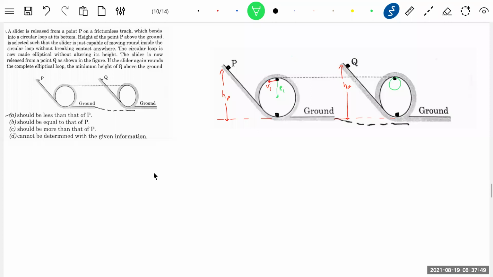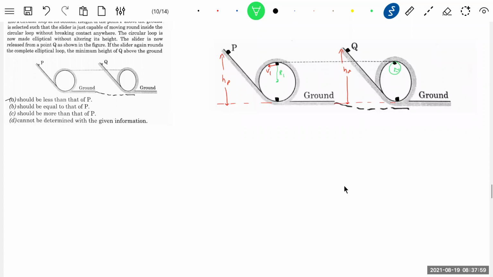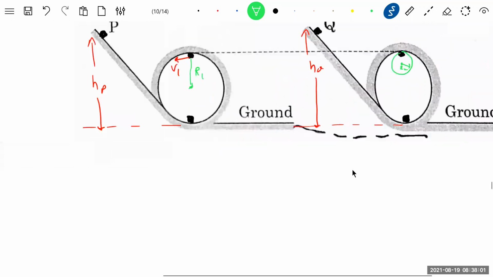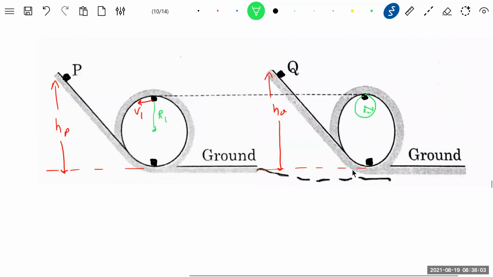Now where is the center of curvature? The center of curvature of this will come here. Now this will become the radius. Able to see this? I think I can better explain like this. This is R2.